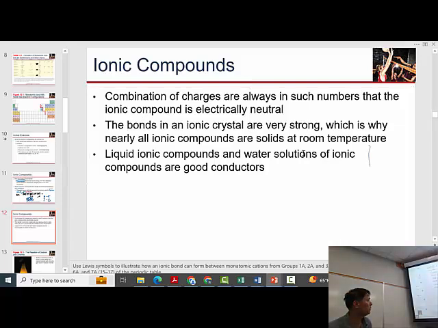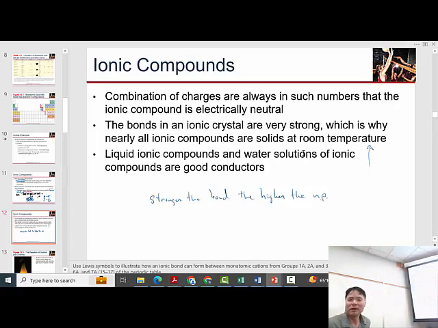And the stronger the bond, the higher the melting point. Because when you melt it in a crystal like that, you have to break apart the bonds.